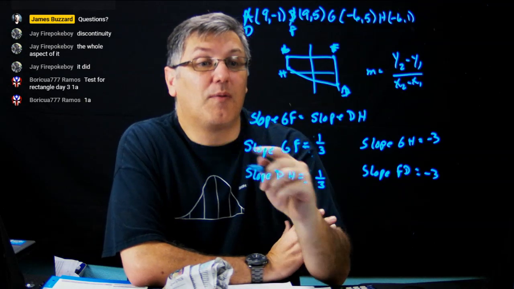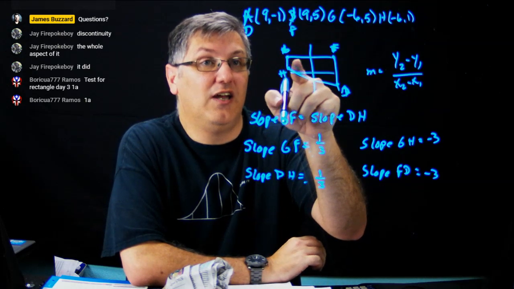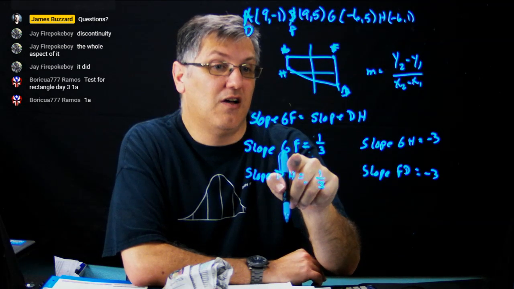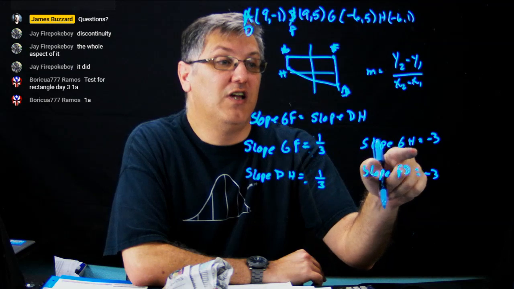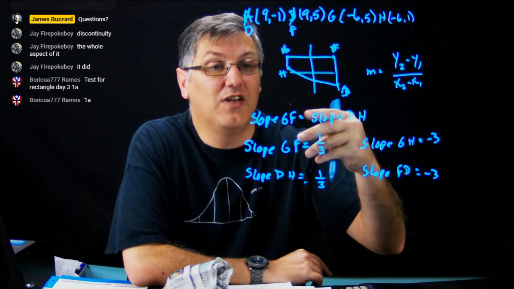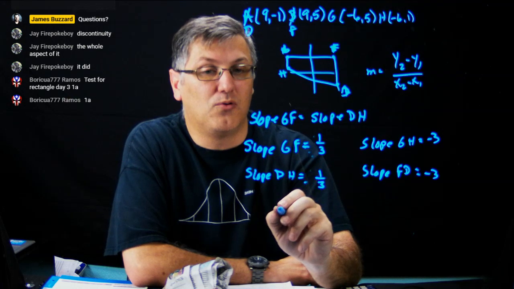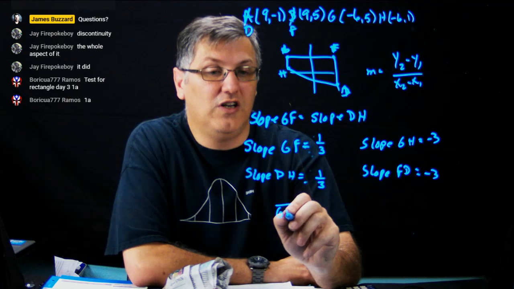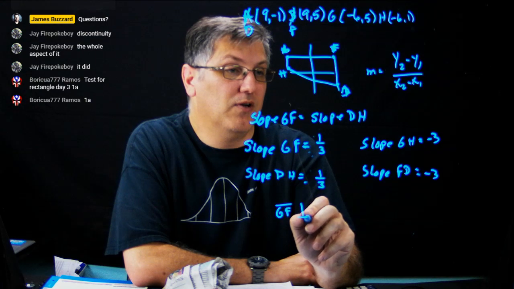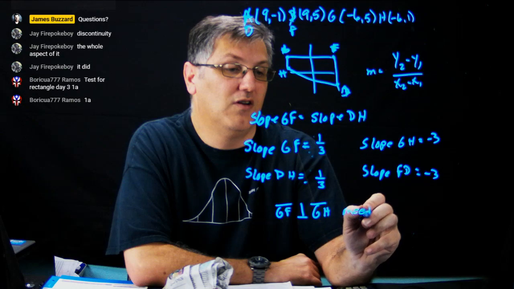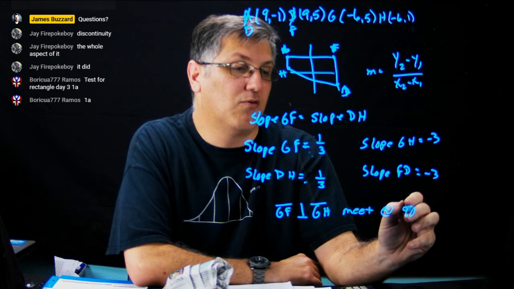Now, if I look at my intersecting slopes, like GH and GF: GF is 1/3 and GH is negative 3. Well, that's the negative reciprocal. So since these are negative reciprocals, GF is perpendicular to GH, which means they meet at a 90-degree angle.